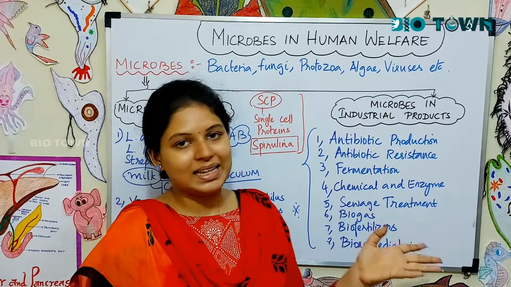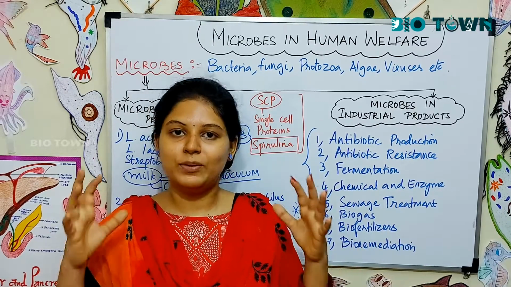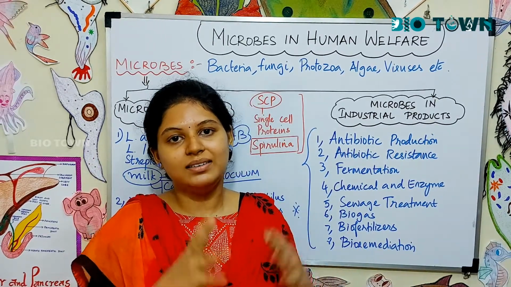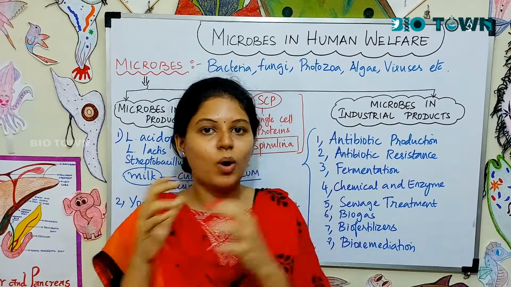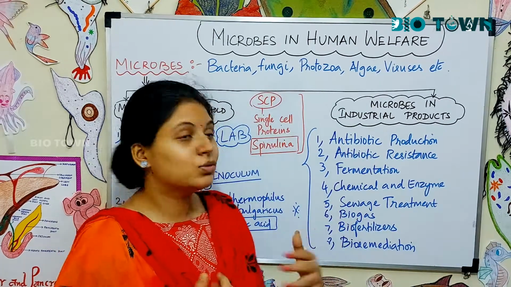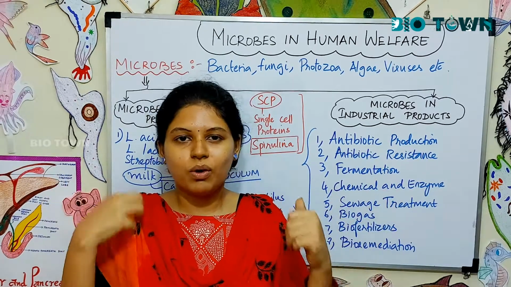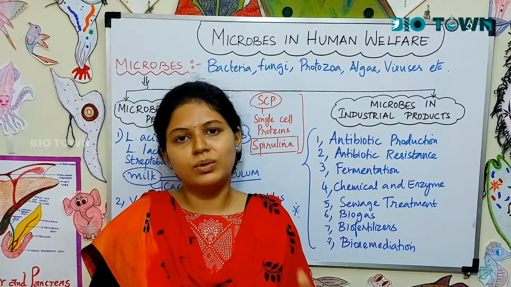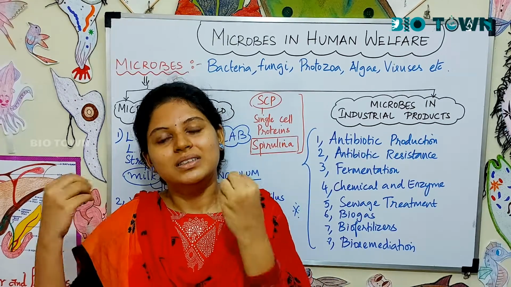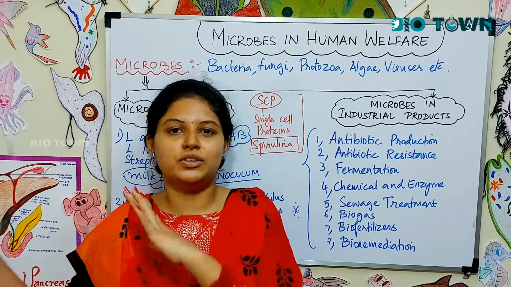Next is chemicals and enzymes. So chemicals and enzymes are produced by these microorganisms either in a primary metabolite form or a secondary metabolite form. Next is sewage treatment. So we have a lot of waste water. There's a lot of research going on on how to convert this waste water into some usable form of water, at least for toiletry purposes.